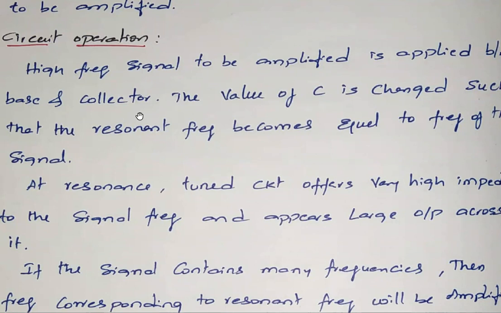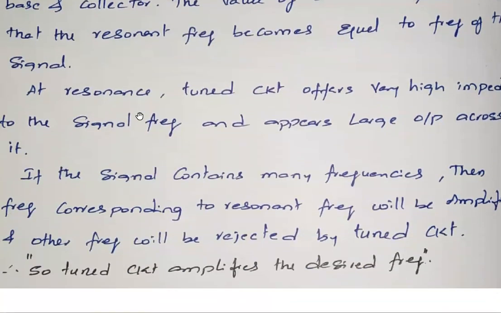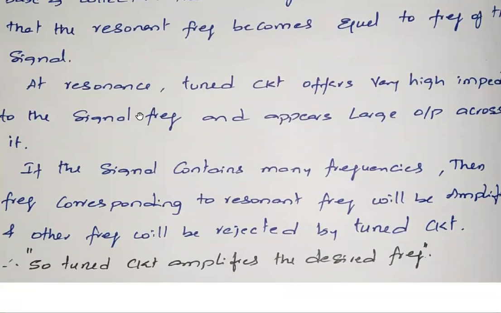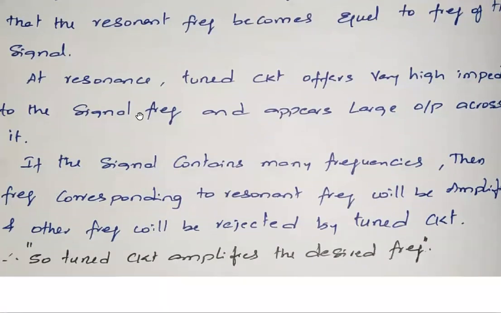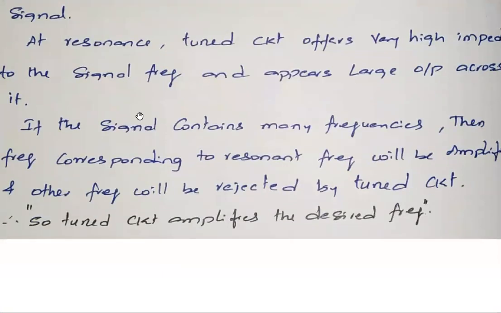At resonance, the tuned circuit offers very high impedance to the signal frequency and a large output appears across it. If the signal contains many frequencies, the frequency corresponding to the resonant frequency will be amplified and the other frequencies will be rejected by the tuned circuit, so the tuned circuit amplifies the desired frequency.